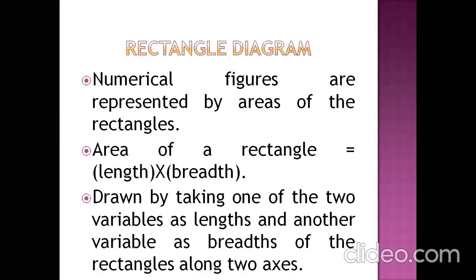For example, if an organization is selling 2000 units of an article per month at a unit price of 10 rupees and another organization is selling 3000 units of an article per month at a unit price of 10 rupees, the total sales of the two organizations will be represented taking into consideration both unit price and sales volume.